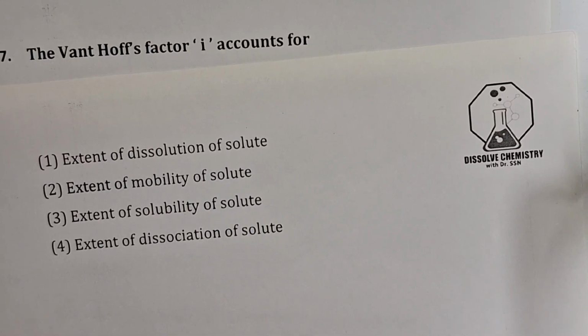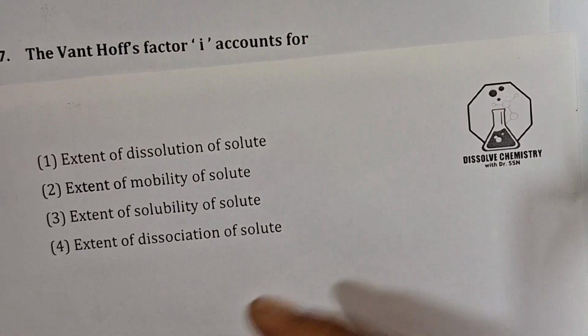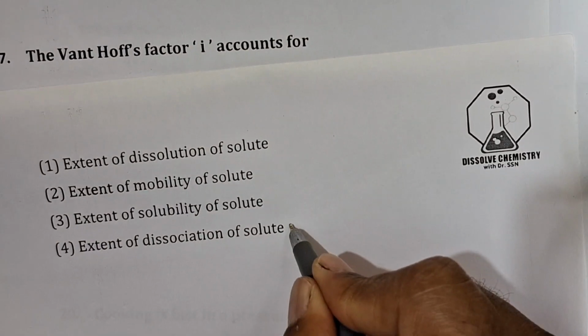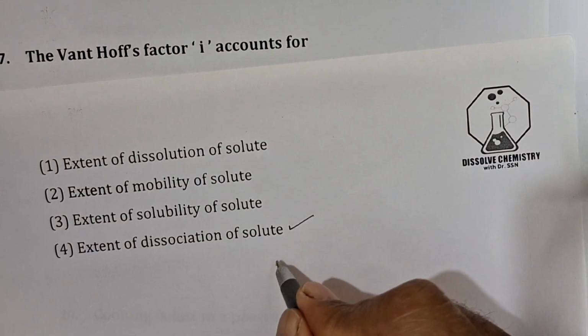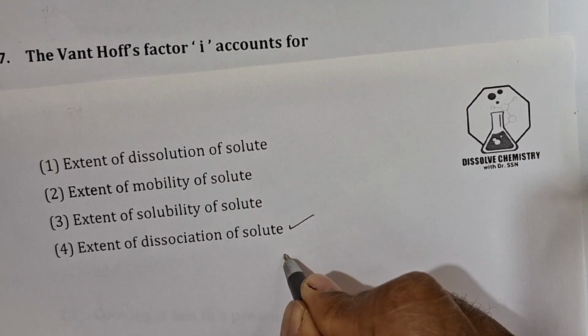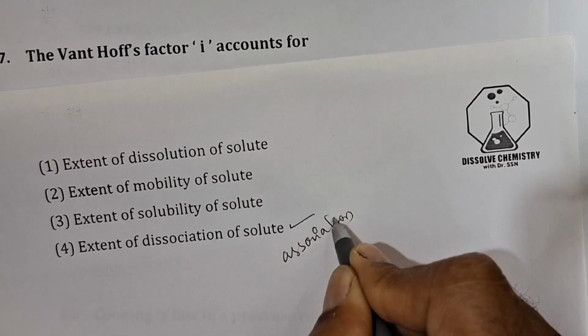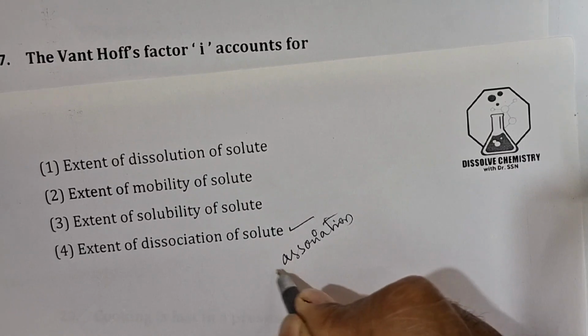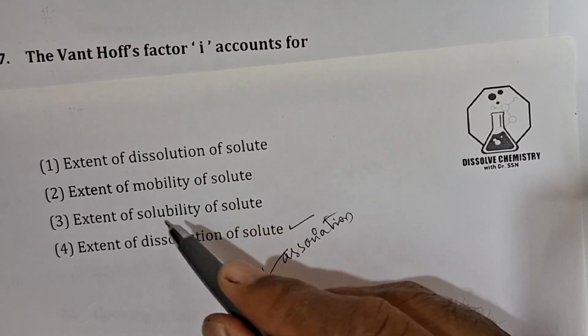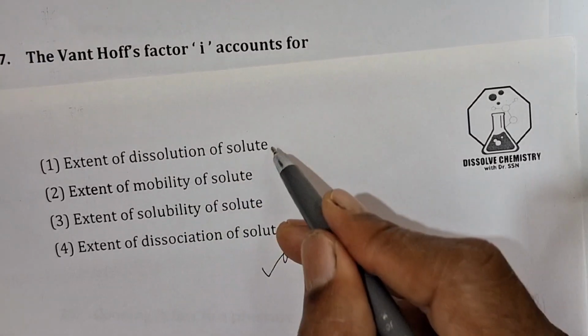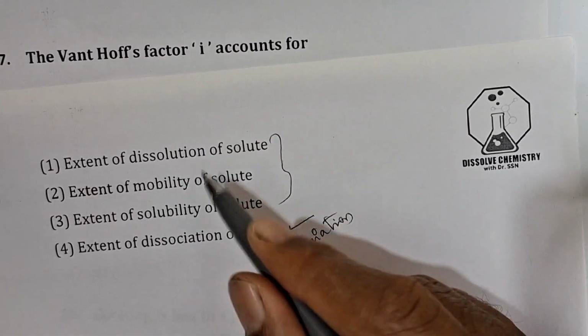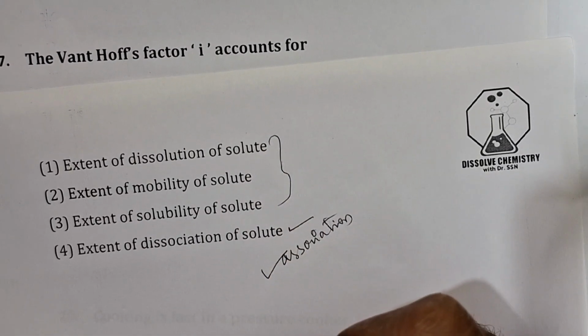Extent of dissociation? Okay, so the Van't Hoff factor i depends upon the extent of dissociation of the solute as well as the extent of association. If the option is given as association, then that is also correct. Solubility, mobility, dissolution, these are not the factors on which the Van't Hoff factor depends.